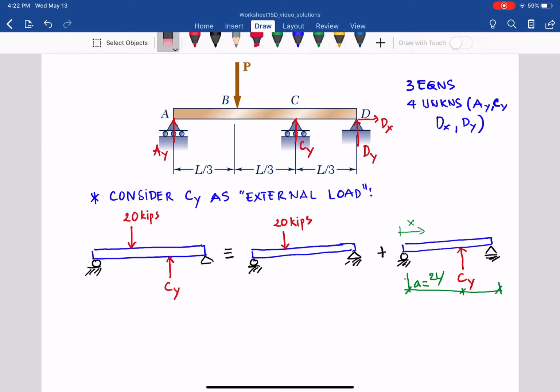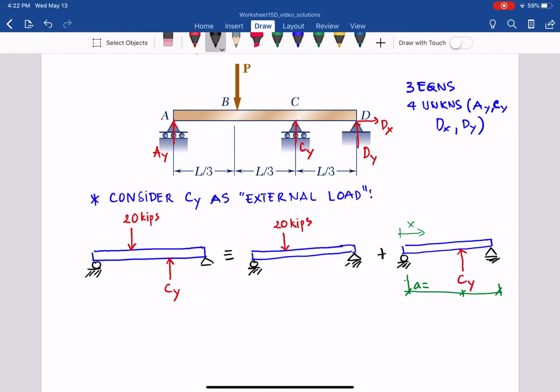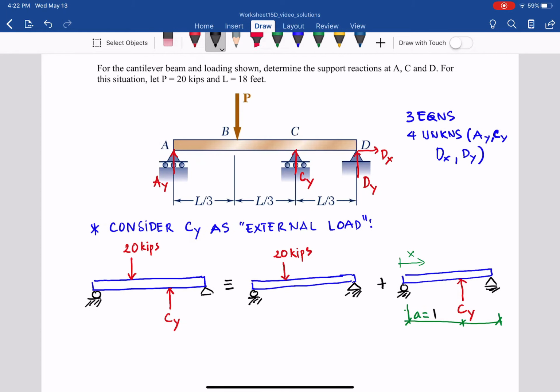So let's write down L is 18 feet. So that one, A is equal to 12 feet, and B equal to 6 feet. So that's good. A greater than B.